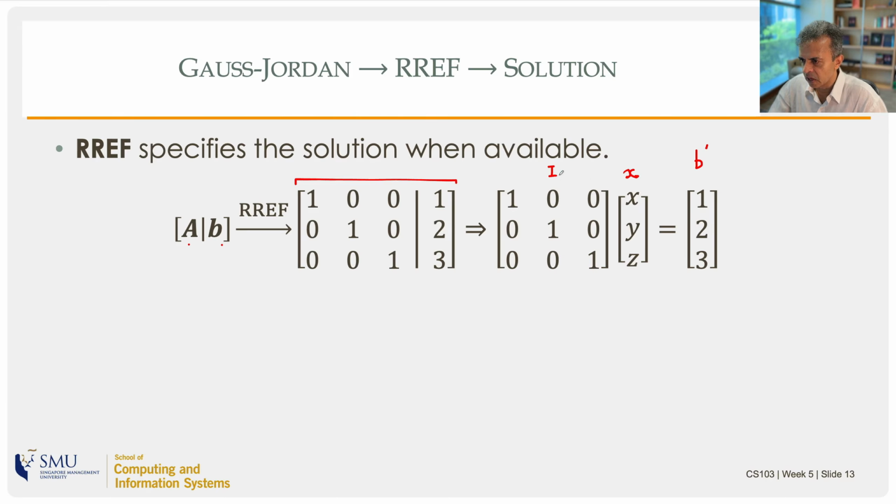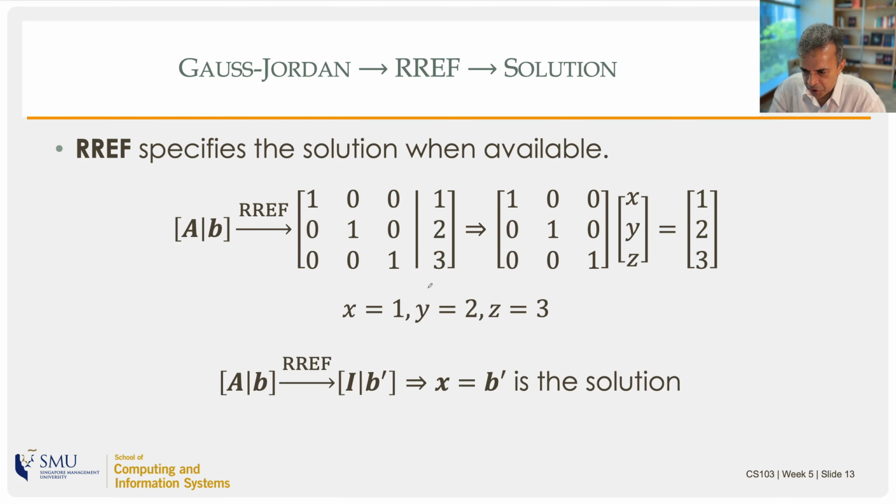You have now Ix equal to b prime, being whatever you have in the augmented part. What is Ix? Ix is just x, so x is b prime. To put it in a pithy sentence: Ax equal to b gives you the augmented matrix AB. Perform RREF, you get the augmented matrix I b prime, which implies that x is actually b prime, and that is a solution if you can get I.